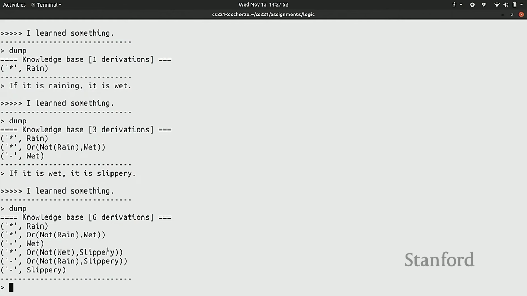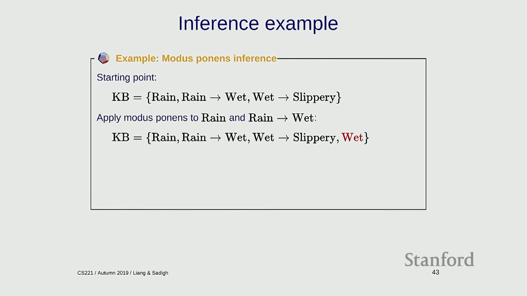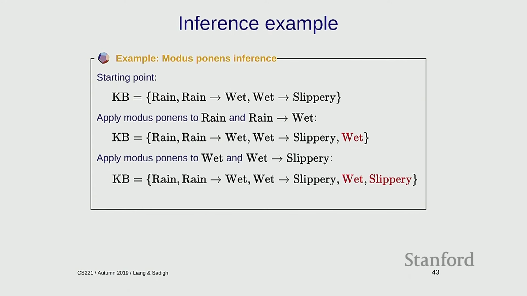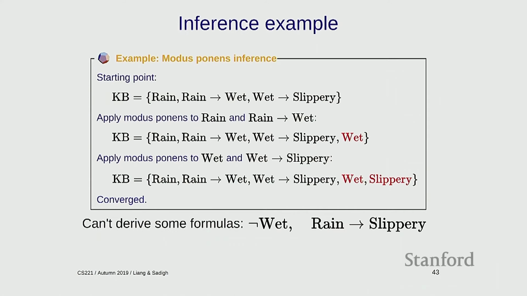So behind the scenes is actually a much fancier inference algorithm. But the idea here is that you have your knowledge base. You can pick up rain and rain implies wet, and then you can add wet, and then you pick up wet implies slippery, and then you can add slippery here.